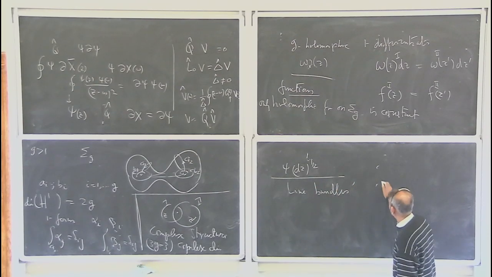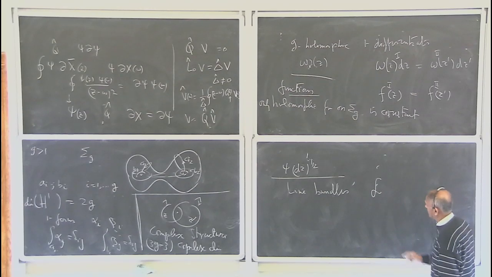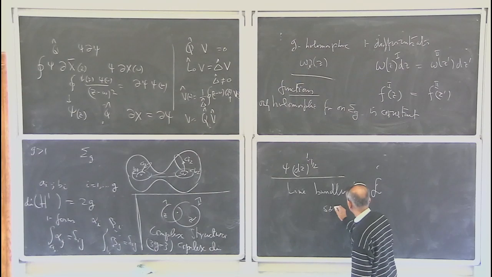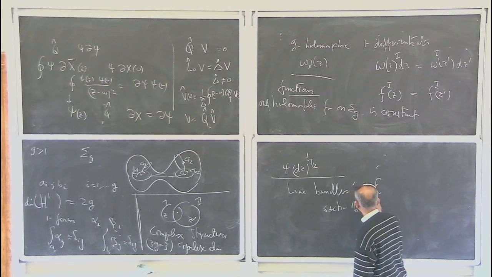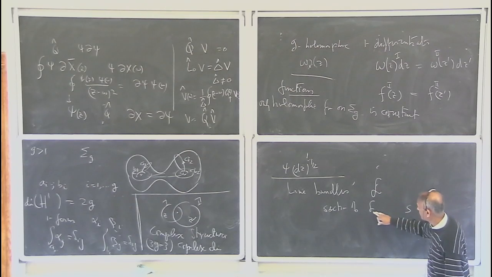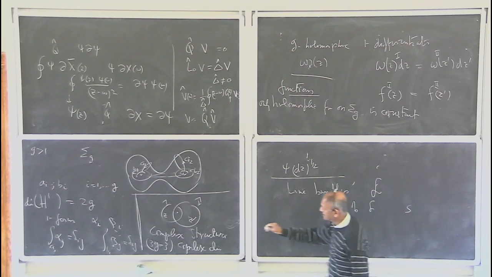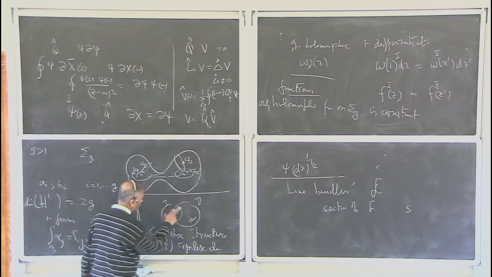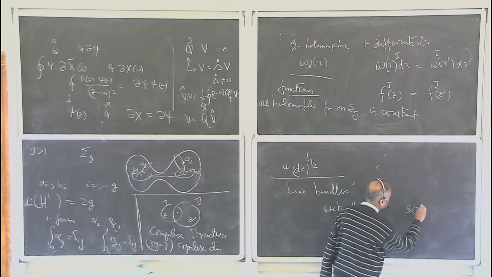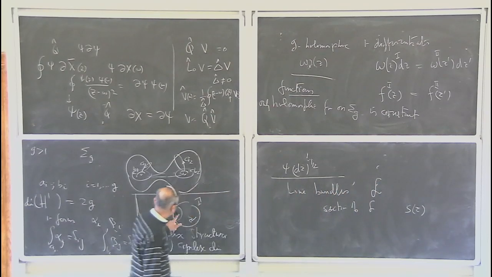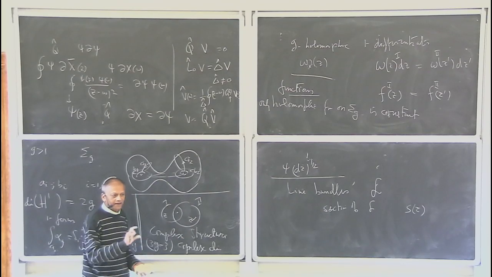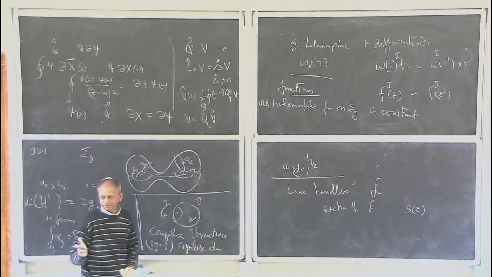Some line bundle, let's call it L. If you look at some section of the line bundle L, let's call it S. Then again, the important property is that if I look at S as a function of Z, then in the overlap region, S of Z and S of Z prime will be related by transition functions which are holomorphic.